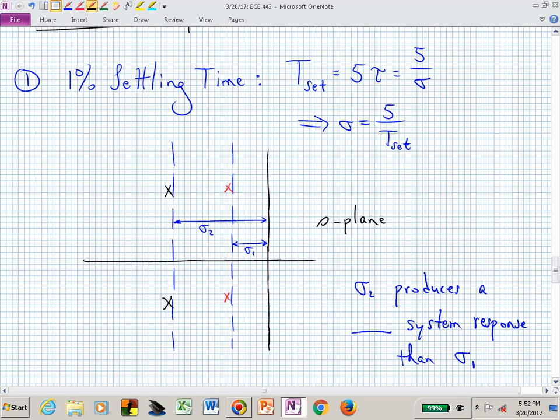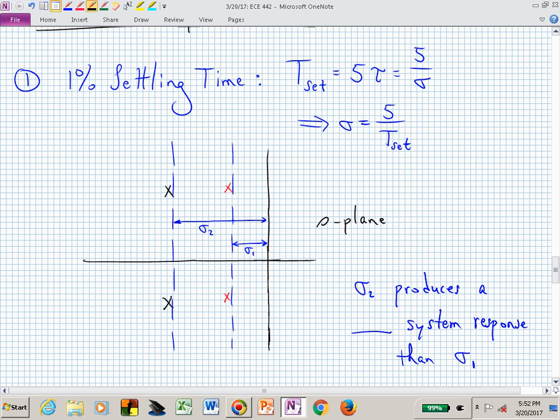Are the red poles faster than the black poles? What's a thumbs up mean? Yes or no? I've seen thumbs up, I've seen thumbs down, and I'm not asking causal or non-causal.